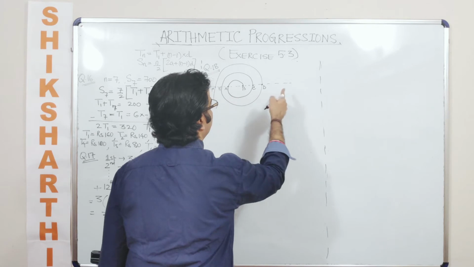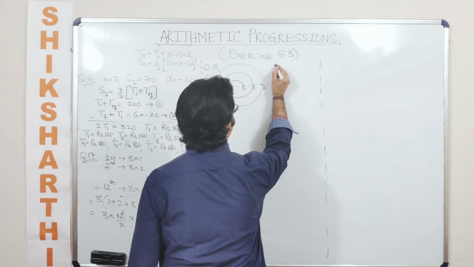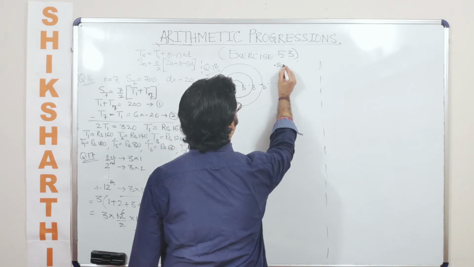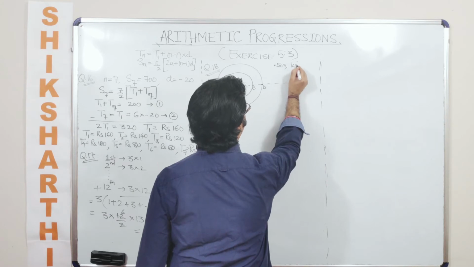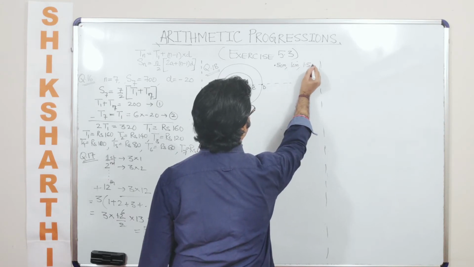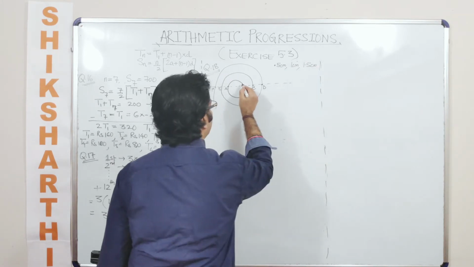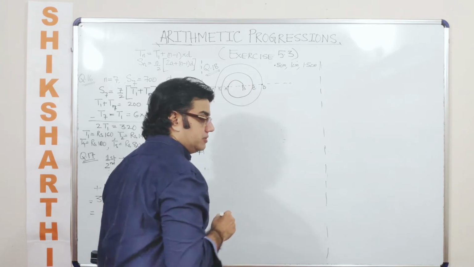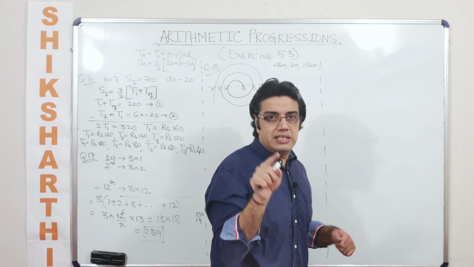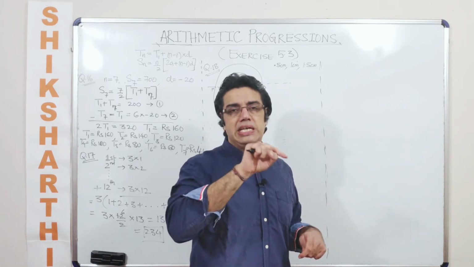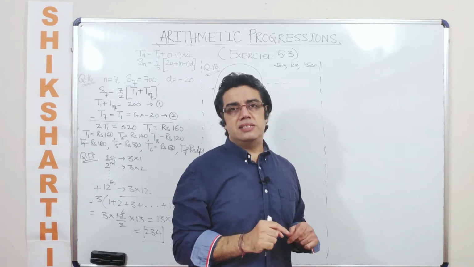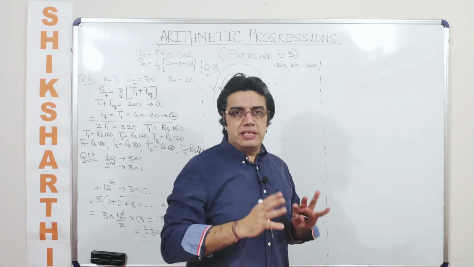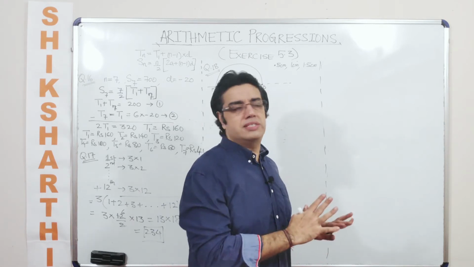And then they have given you the radiuses of all these semicircles. So let's say 0.5 centimeter, followed by 1 centimeter, followed by 1.5 centimeter, and so on. Now when you are finding out the lengths of these spirals, we are talking about the curved length, and the curved length is nothing but the circumference, and here we are talking about half of the circumference.